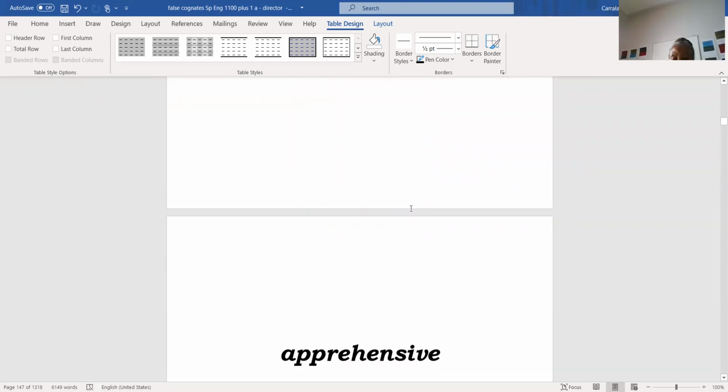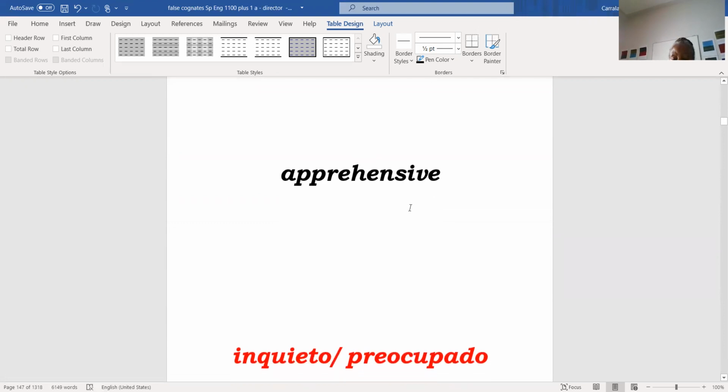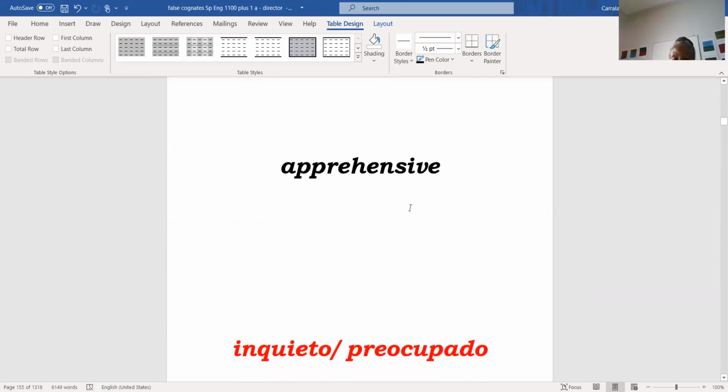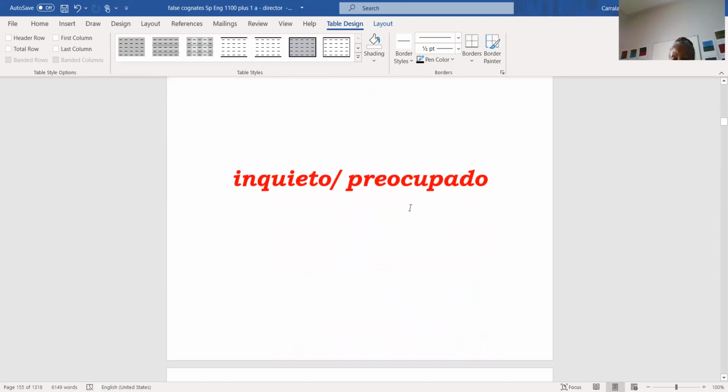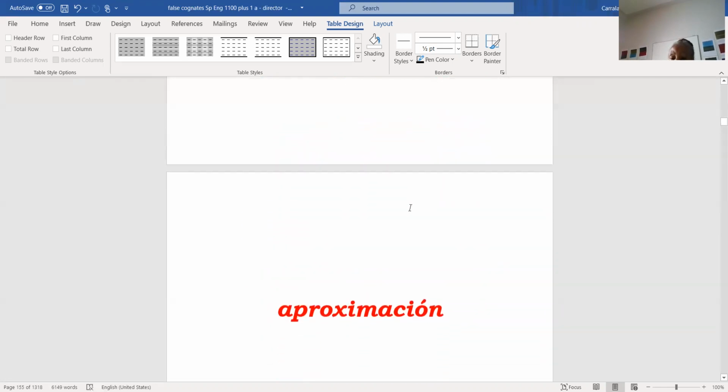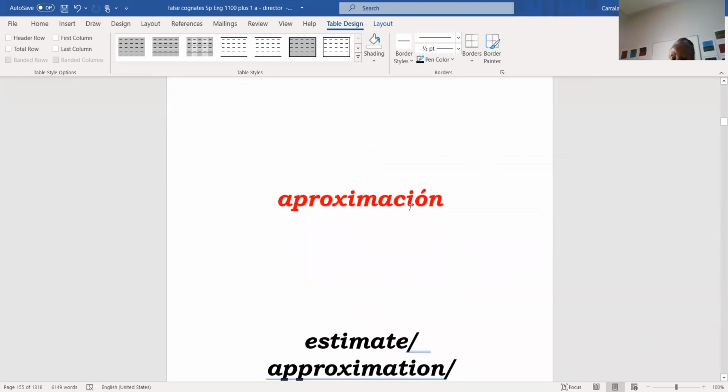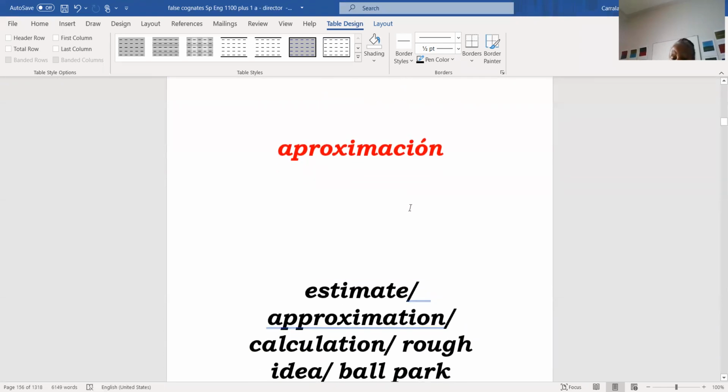Right? And this is one way that you can learn another language: English apprehensive, inquieto, preocupado. But sometimes, especially if it's a true cognate, like this one, which means estimate, approximation, right?